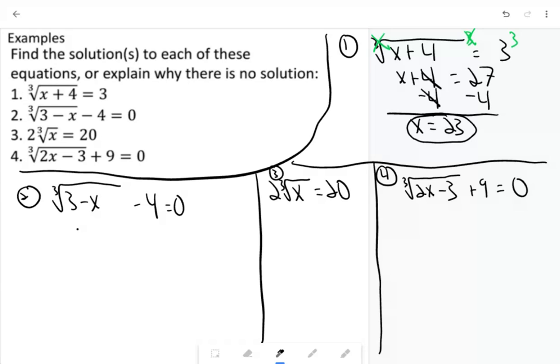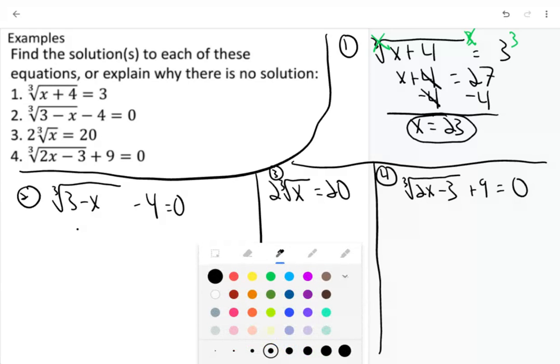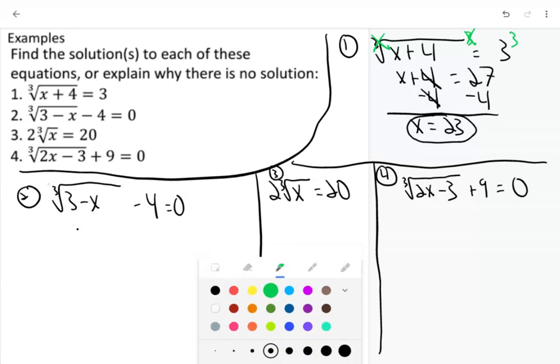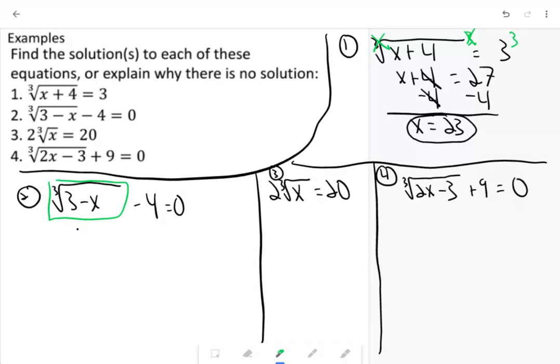Number 2, we do have some isolating we need to do. I need to get rid of the minus 4 by adding 4 to both sides.